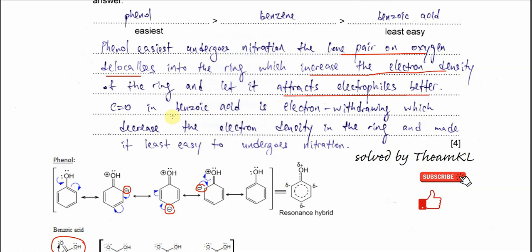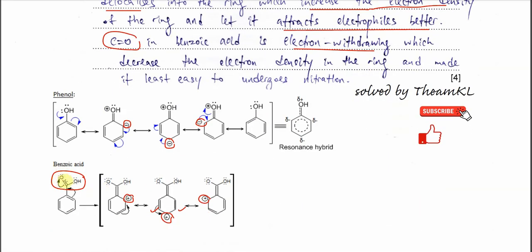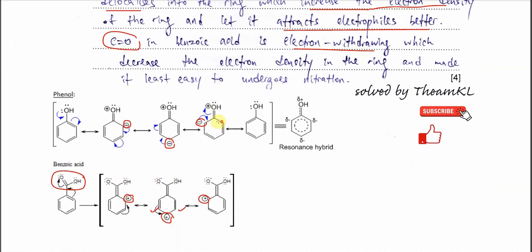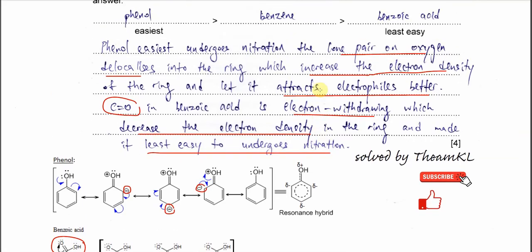Why is benzoic acid least easy? Because the carbonyl group in the benzoic acid is electron withdrawing. As you can see here, it gets electrons, and therefore the electron density in the ring decreases. So the benzene ring is deactivated, and therefore it is least easy to undergo nitration. That's the reason why.